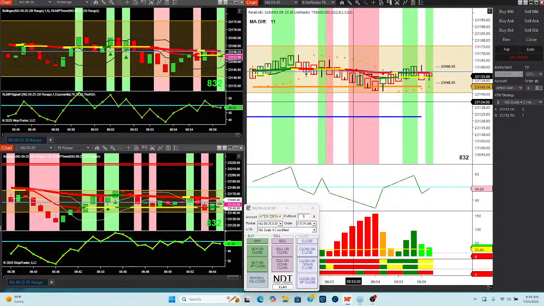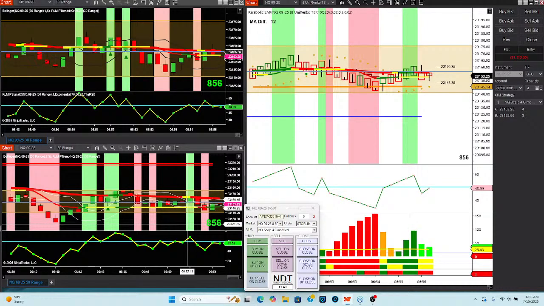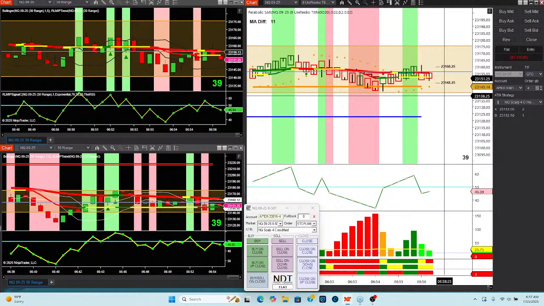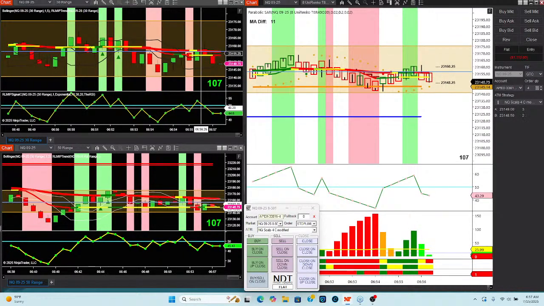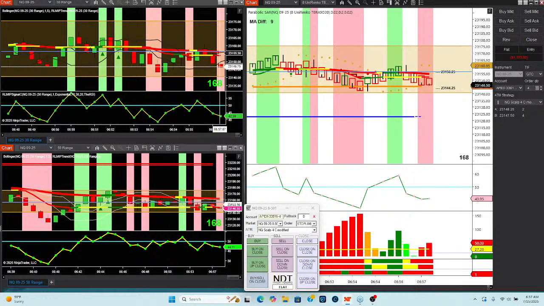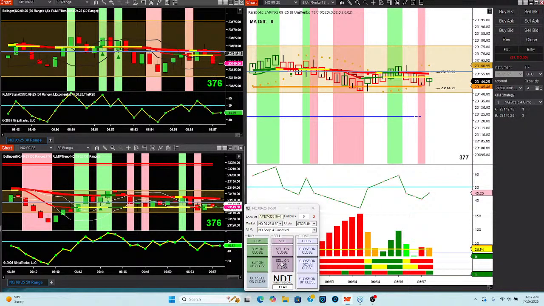Like I said, as long as it's in this block, it needs to break out of this block for it to be a trade. Now, we're below here, we're going to get bias. Looks like we're trying to break through here.